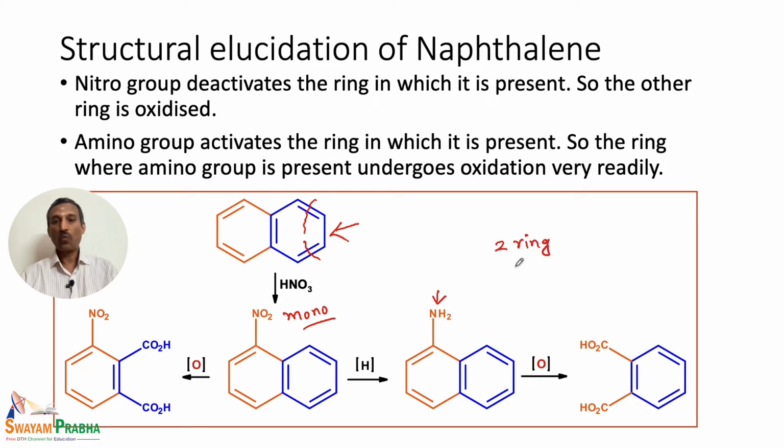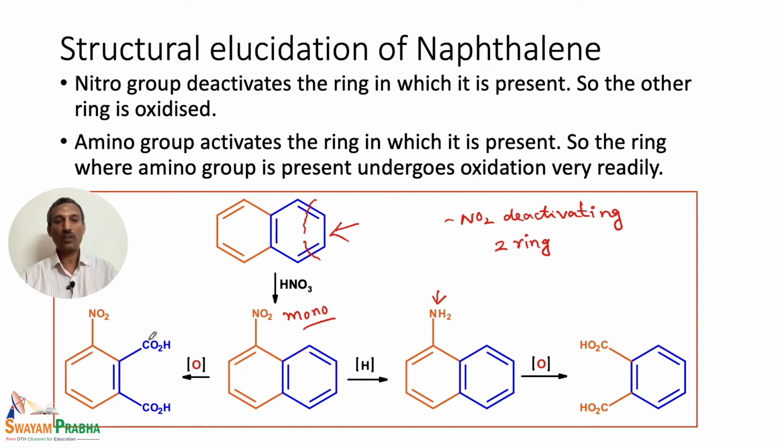And why do we get two different types of products? The nitro group is a deactivating group, as all of you are aware. When it is a deactivating group, the unsubstituted benzene ring becomes more active than the benzene ring where the nitro group is present.